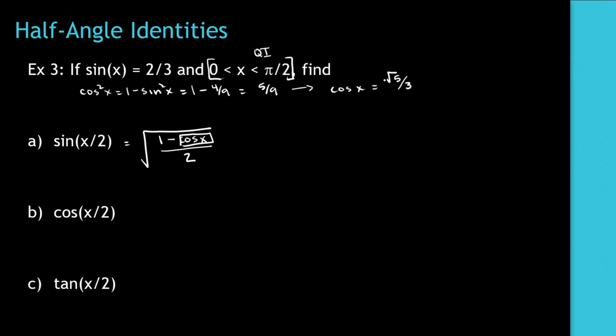Now, because I'm in quadrant 1, I do know that this is positive. So if I replace that value inside my square root, I'll get 1 minus the square root of 5 over 3, all over 2. So if I finish that simplification, I'll do the subtraction in the numerator.